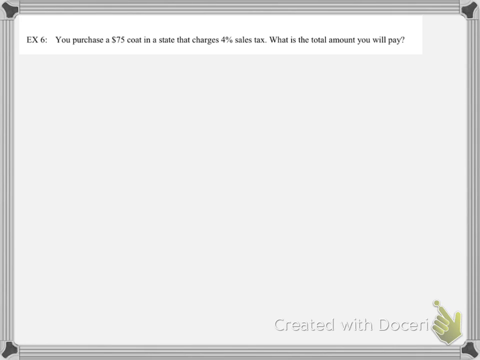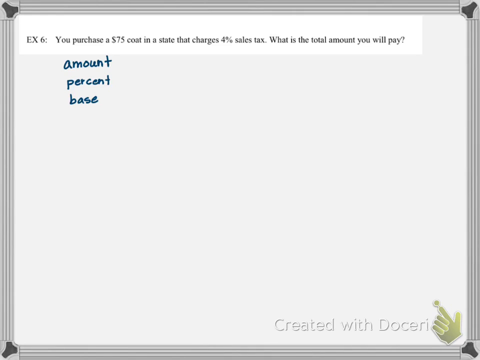So we're going to talk now a little bit about percent increase and decrease situations. So this is where something's actually changing, right? In this case, the price of the coat is changing when we add the tax onto it. And there's a couple ways you can approach this. The way I usually do it is, we start with our amount, our percent, and our base.